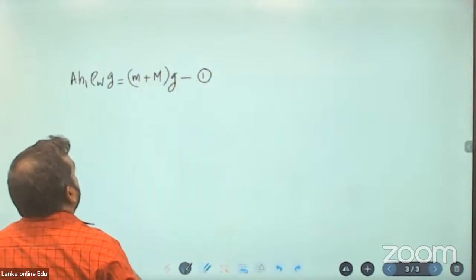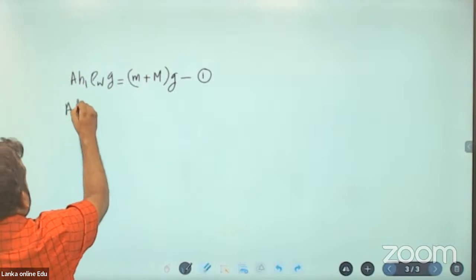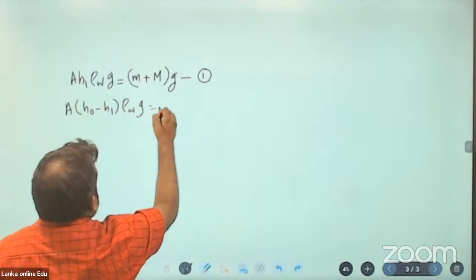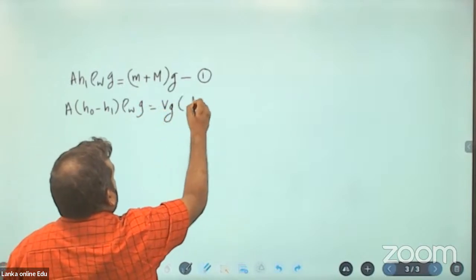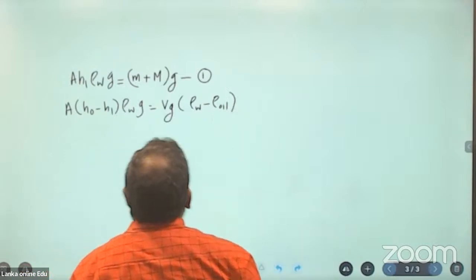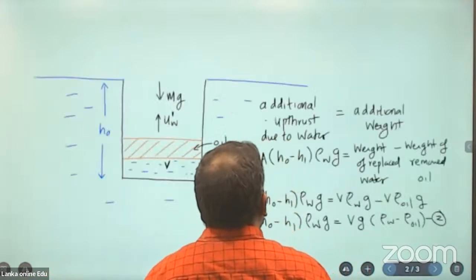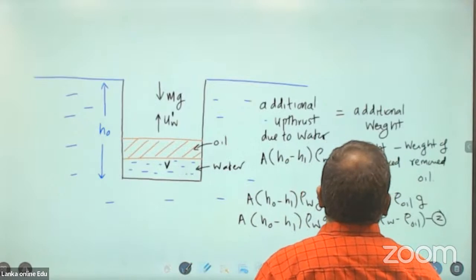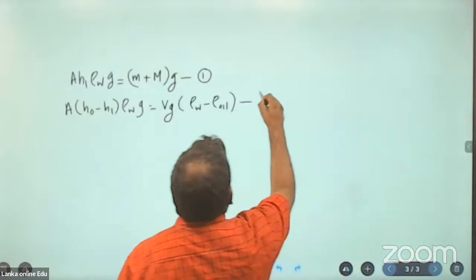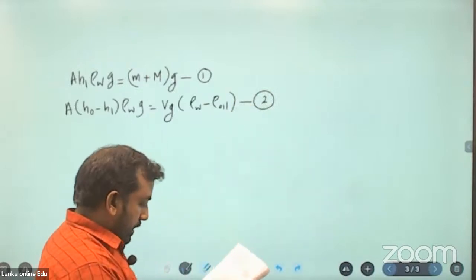Equation number 1. Additional upthrust A (h0 minus h1) rho_w g equals V g (rho_w minus rho_oil). See whether I wrote it correctly. Equation number 2. Okay, no? Keep reading.